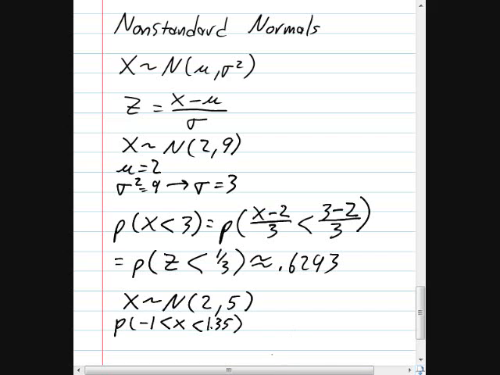So pause the video and try to write down the standard normal question that's equivalent to this. Using the same technique we used before, this is equal to the probability that -1 minus the mean divided by the standard deviation is less than z is less than 1.35 minus the mean divided by the standard deviation.